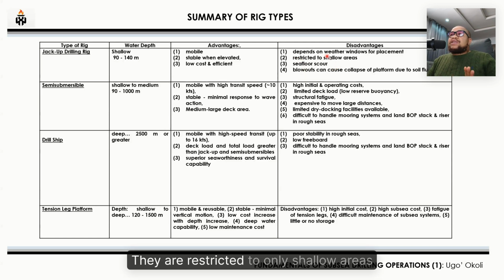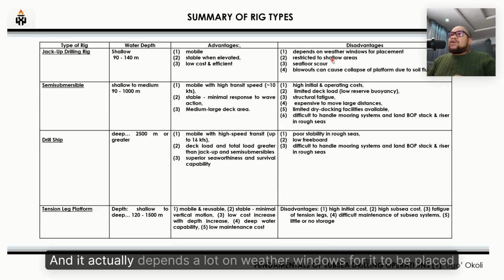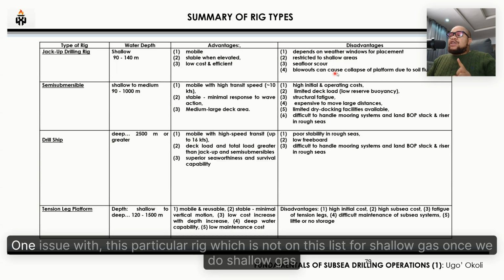They are restricted to only shallow areas. The legs must sit on bottom, and it actually depends a lot on weather windows for it to be placed. One issue with this particular rig, which is not on this list, is shallow gas.